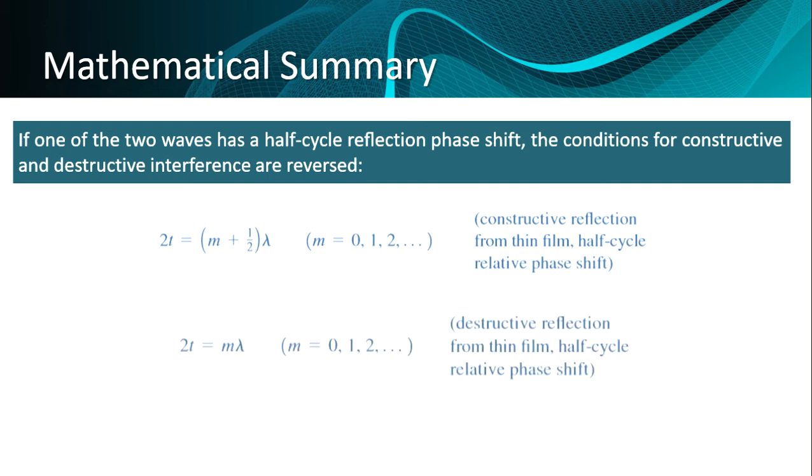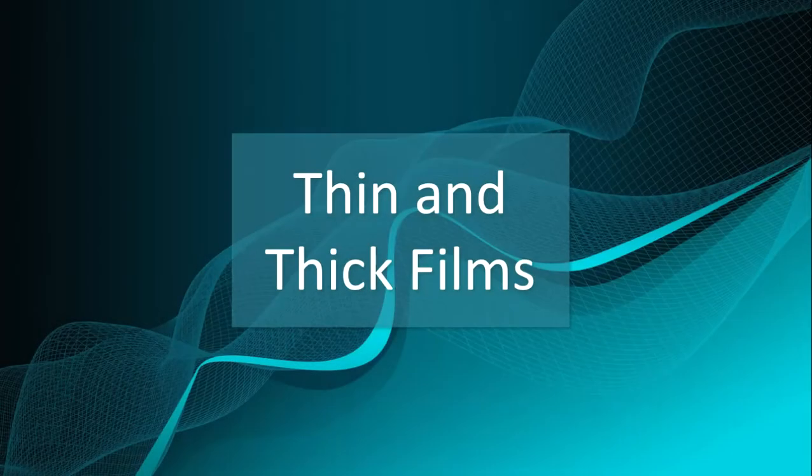And 2t is equal to m lambda as the condition for destructive reflection from thin film with a half-cycle relative phase shift. So these reversed or new equations are the conditions for interference which involves an air wedge, just like what we discussed a while ago. So now let's go to thin and thick films.